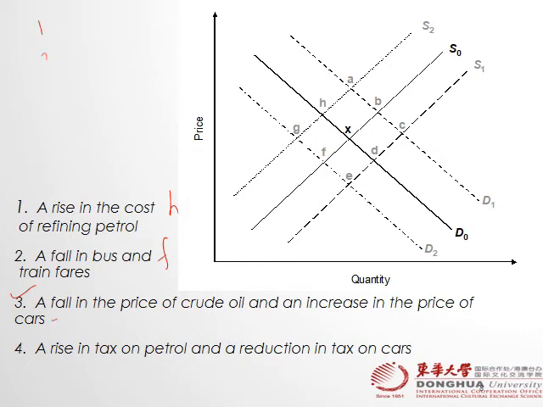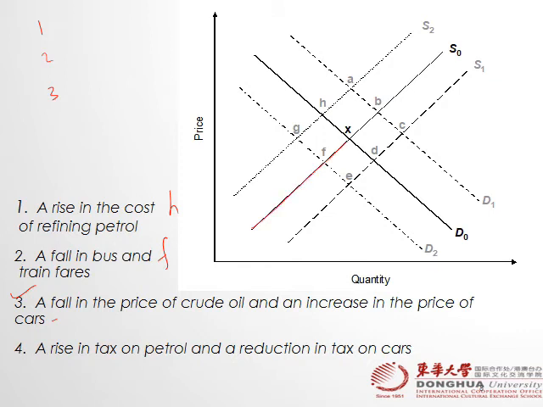It means both curves, demand and supply, shift. A fall in the price of crude oil causes the supply curve to shift to the right.